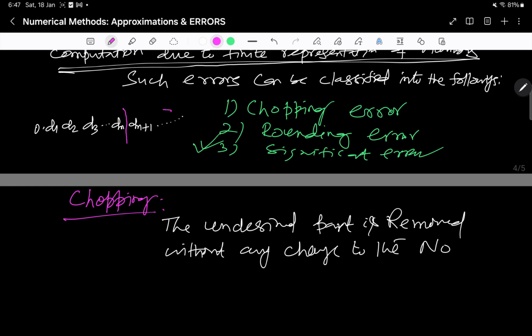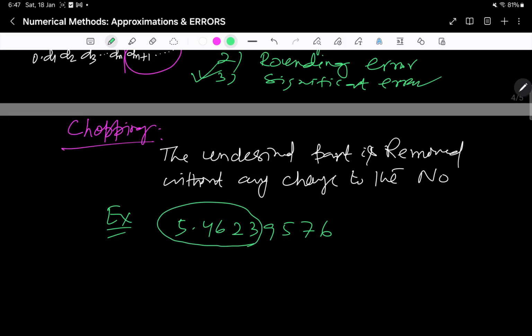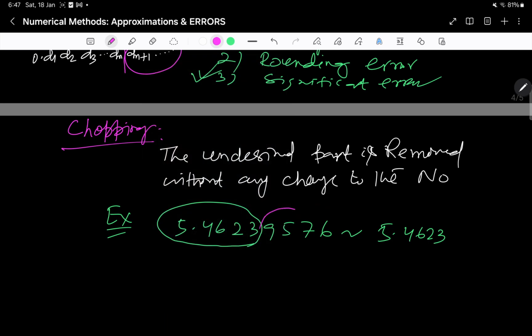Then the remaining part we simply throw out, without any change. For example, suppose I have the number 5.46239576 and I want to keep it up to 4 decimal places. I will simply write 5.4623. That means the undesired part is simply removed, thrown out, without any change to the system. So this is chopping.